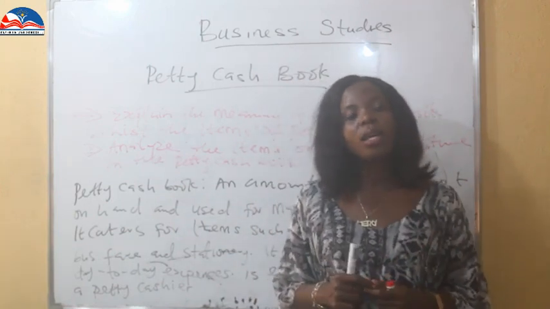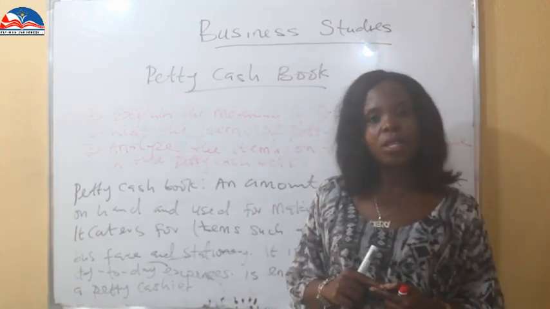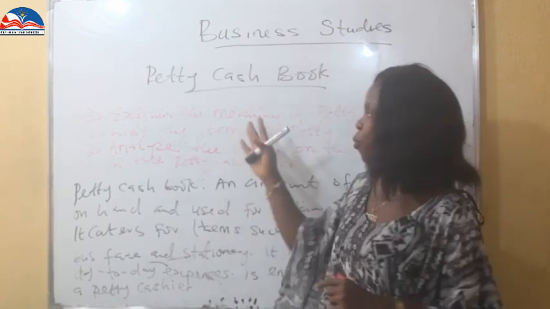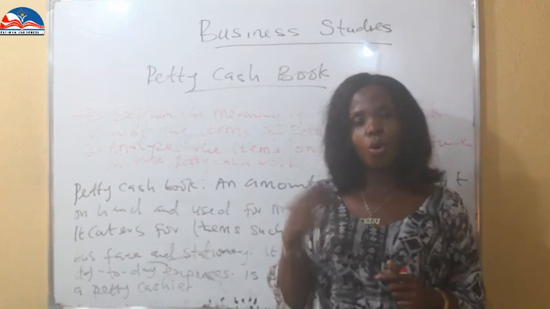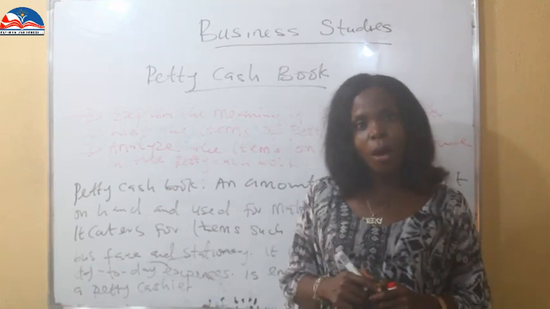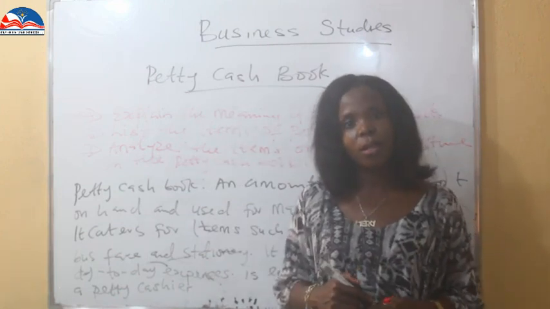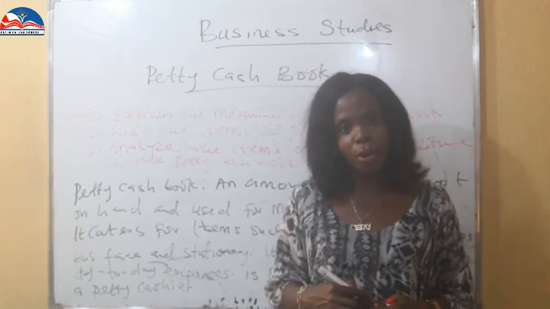We'll find out the reasons why petty cash book is kept in our next class, but we're going to focus on these three objectives. So now we'll go to the items that are found in the petty cash book, the format and the items that are found therein.